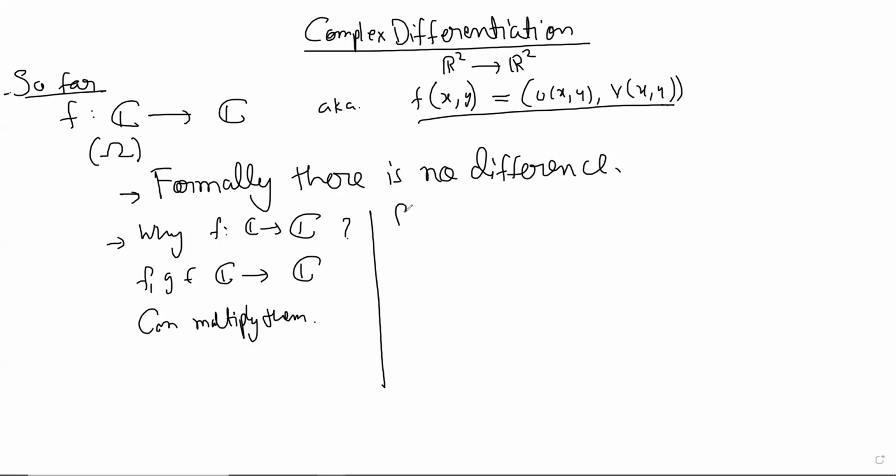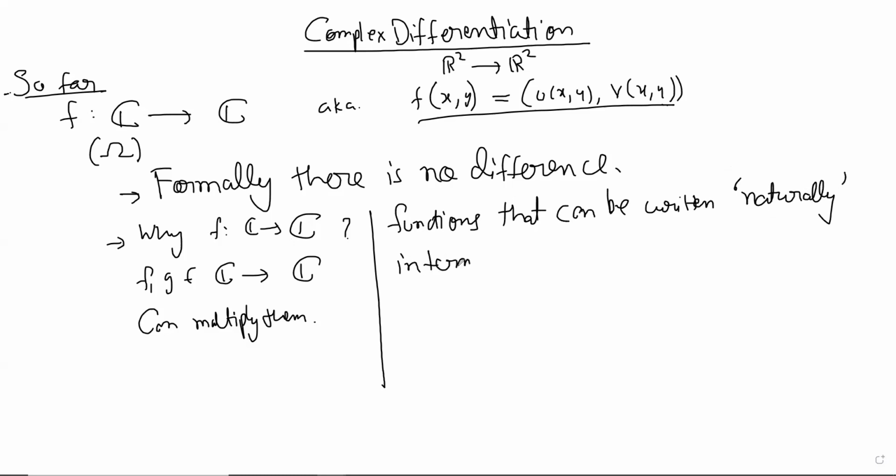My point is that functions that can be written naturally in terms of the input being looked at as a complex number, because a complex number unifies the x and the y coordinate in some sense, right?